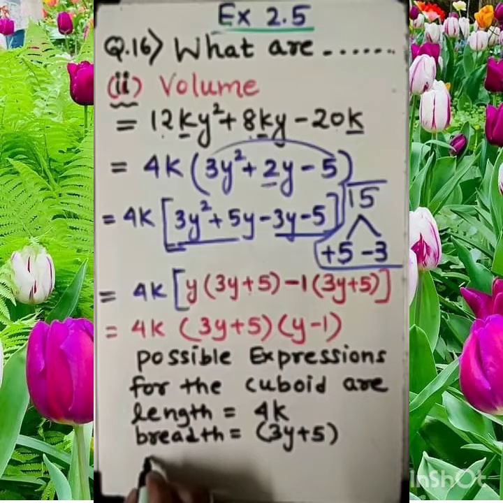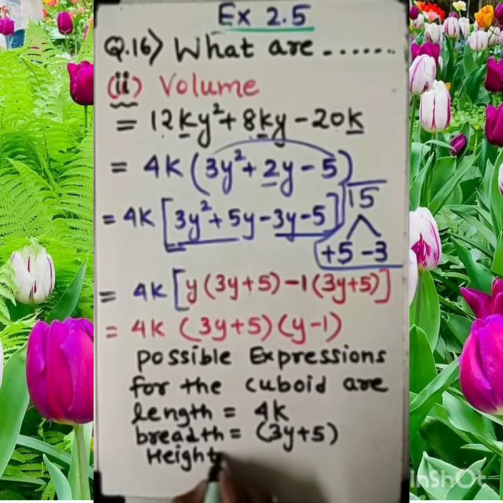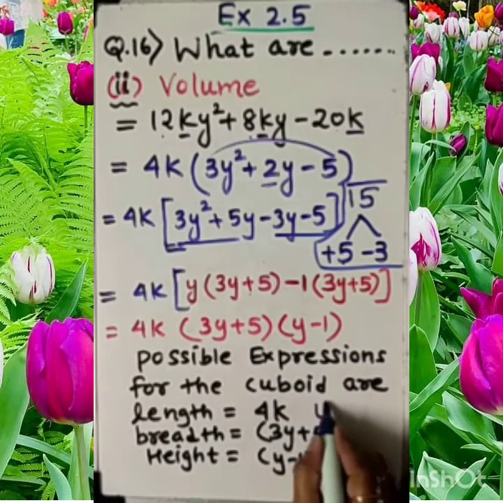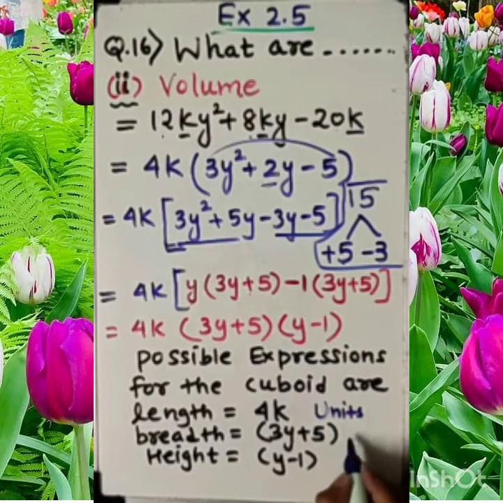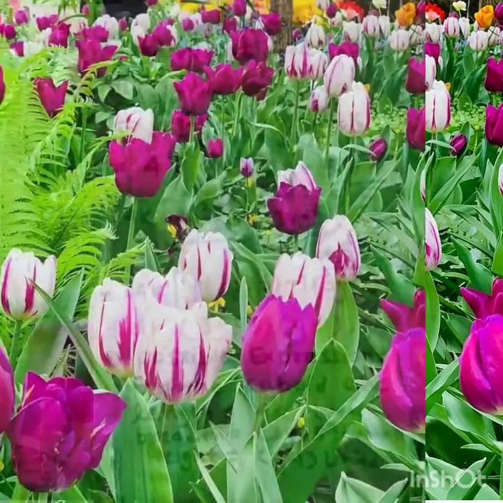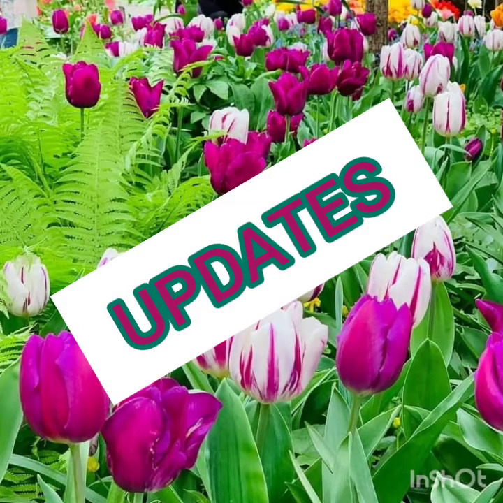And height, that is y minus 1 units. Right? These are the possible expressions for the cuboid, as I taught you in the first part also. Same thing is here along with the units. I hope this is the easiest. You got the full idea about the whole polynomial chapter we are completing here.